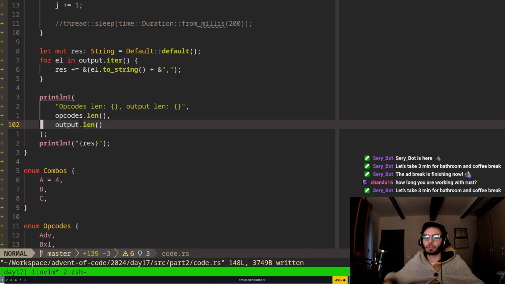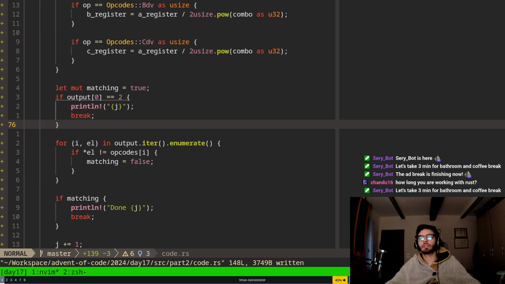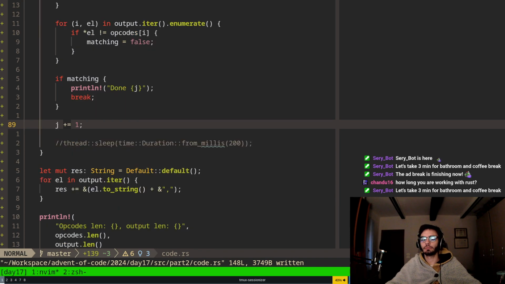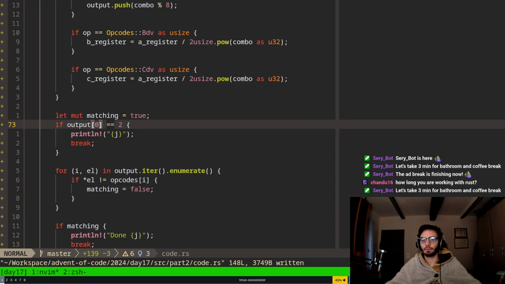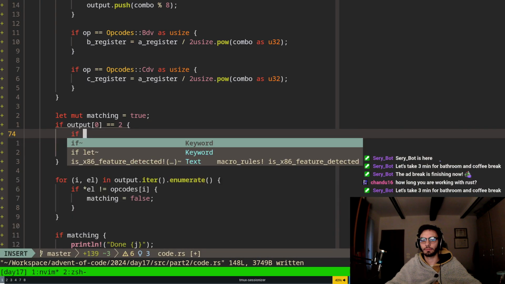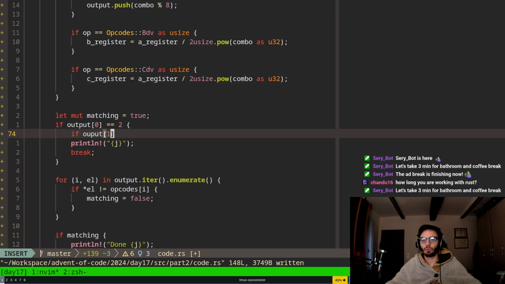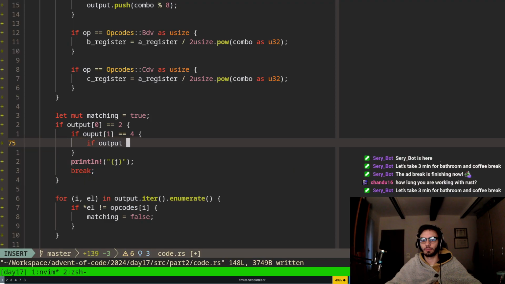Can I brute force a little bit of the sequence and see if I can get a pattern from there to limit? Like brute forcing... If output 1 is equal to 4, output of 2 is equal to 1.